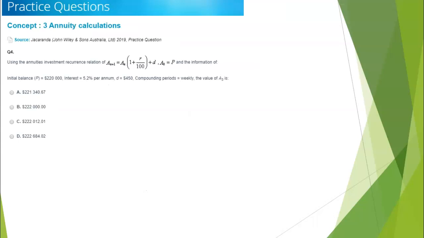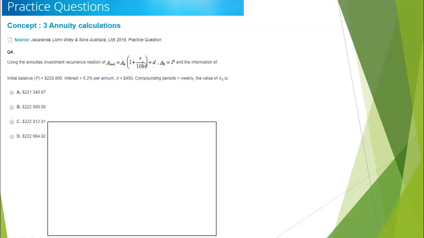Okay, question 4. Using the annuities investment recurrence with the initial balance of $220,000, my interest rate is 5.2% per annum compounded weekly, and my payment amount is $450 per week. It says calculate the value of A3. Okay, so it tells us to use the annuities formula.